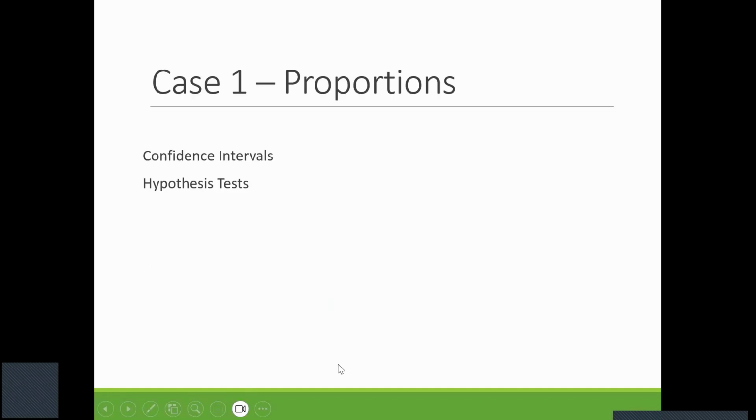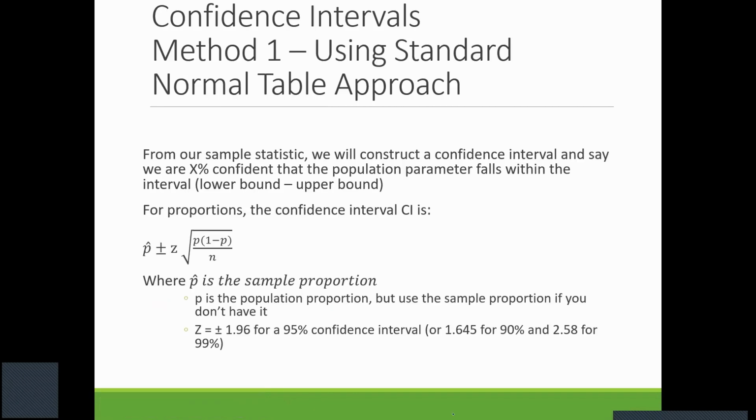So the first case we're going to undertake is for proportions. We're going to do confidence intervals and hypothesis tests. First, we're going to do confidence intervals. So we're going to learn two methods for doing this. One is sort of a standard approach based on the tables of probabilities and the standard normal curve.